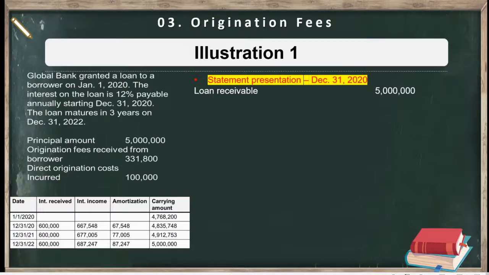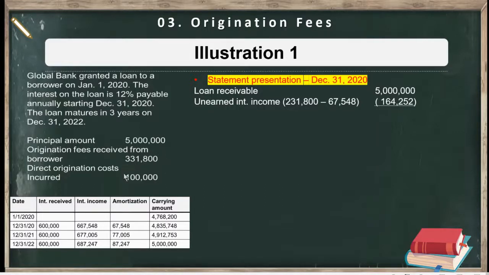So what would be the statement presentation on December 31, 2020? So you have the loan receivable, which is the principal amount of 5 million. And then we have the unearned interest income. So 231,800 minus 67,548. This 231,800, ma'am. So remember katong origination fees, diba this is a deduction.